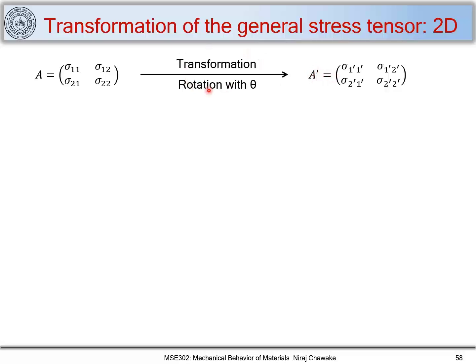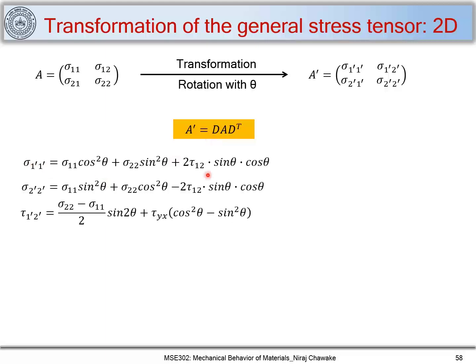So I have a transformation or rotation with theta. How do I get this? I get it using the relation A dash equals D A D transpose, where D is my matrix of direction cosines, A is my stress matrix or stress tensor, and this is the transpose of D, which is nothing but the matrix of direction cosines.